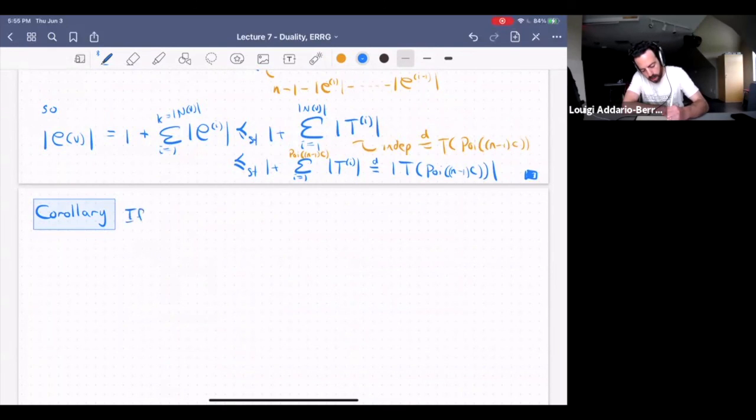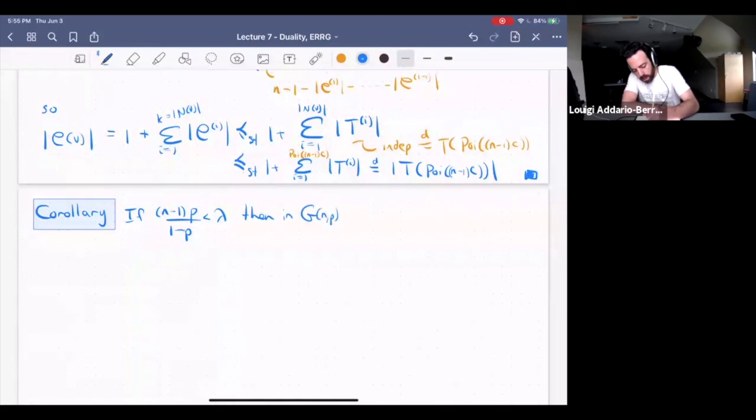So if (n-1)p over 1-p is less than lambda, then in G(n,p), the size of the component containing v is stochastically at most the size of a Poisson(lambda) Galton-Watson tree.